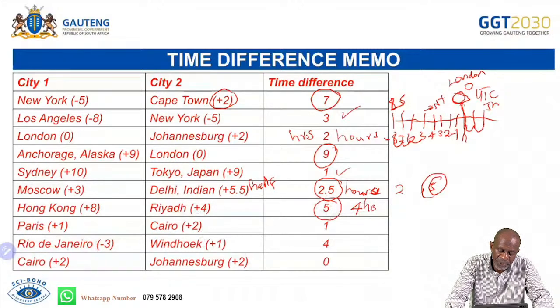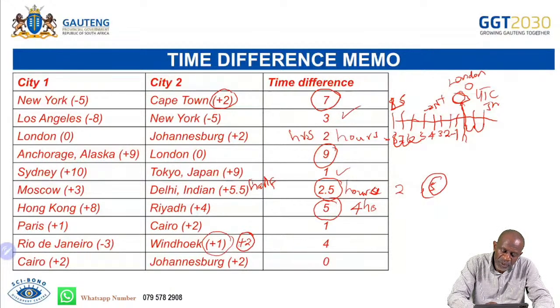Rio de Janeiro is at -3 and Windhoek is at +1. Now, another correction that I would like to make is that Windhoek, which is found in Namibia, has adopted +2 as the timeline.